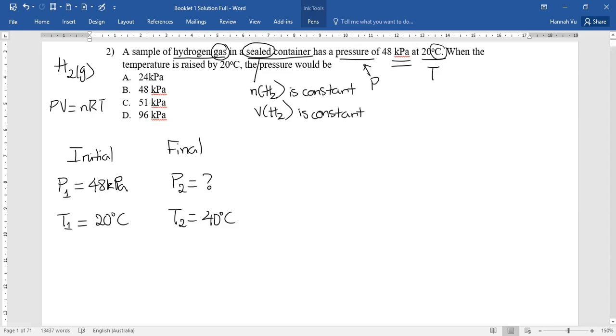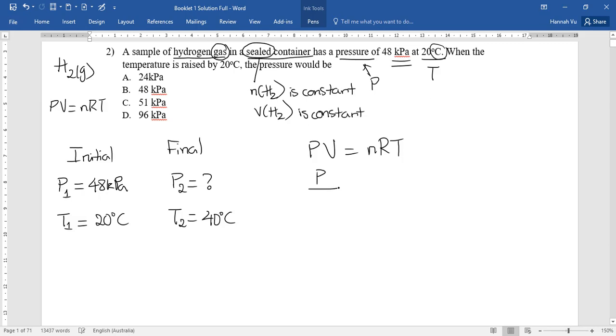Okay, this is where number of mole and volume is going to come in. So if I have PV equals nRT, one way to do it is to have all the provided quantities on one side. This question is focusing on pressure and temperature, so I am going to move temperature to this side.